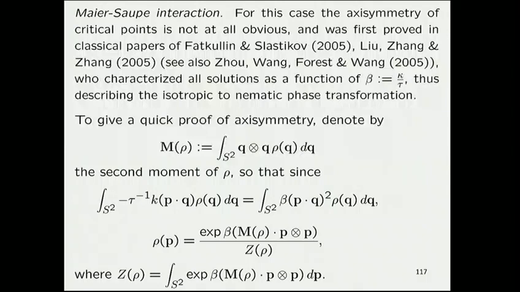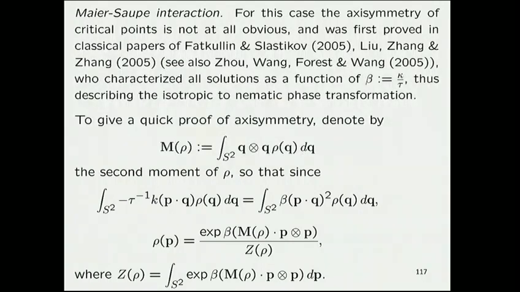Times p dot q squared times rho of q dq, and rho of p is equal to this expression where z of rho is the exponential of beta times m of rho dot p P tensor P.